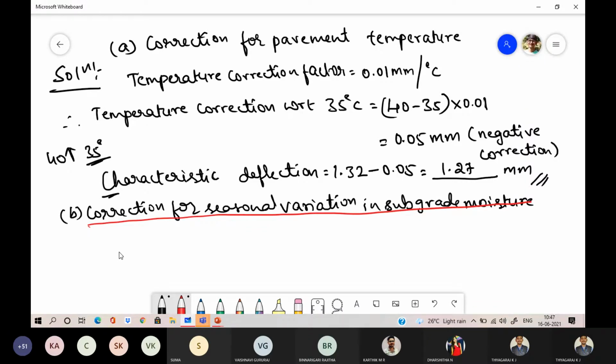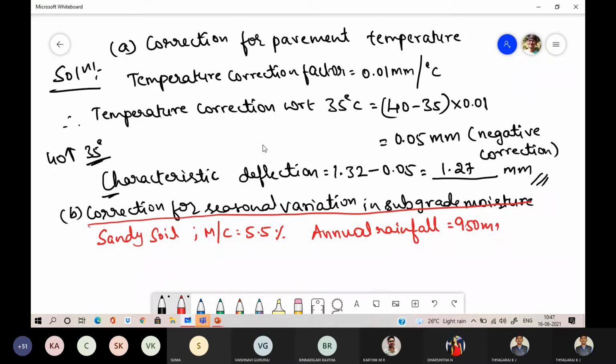Kindly refer to the question. Soil type is sandy soil. What is the moisture content? 5.5%. Annual rainfall 950 mm.